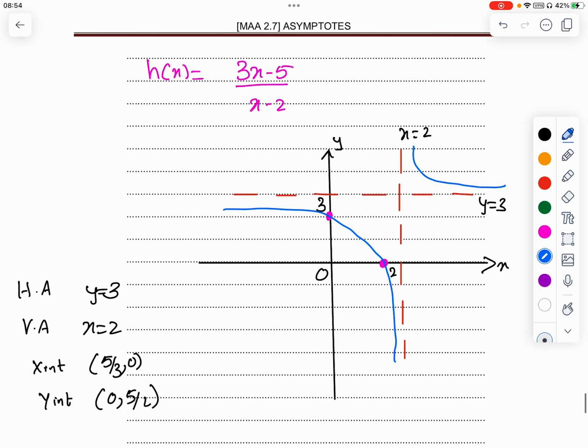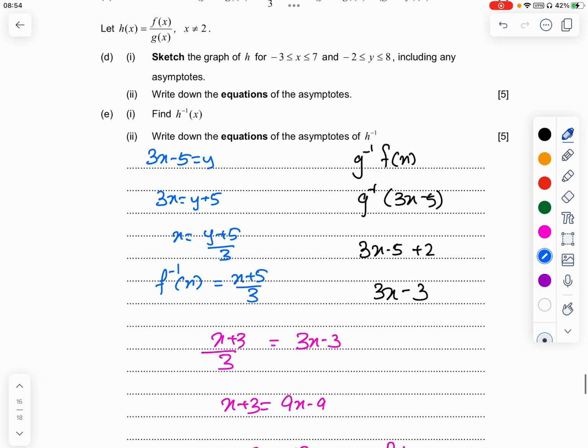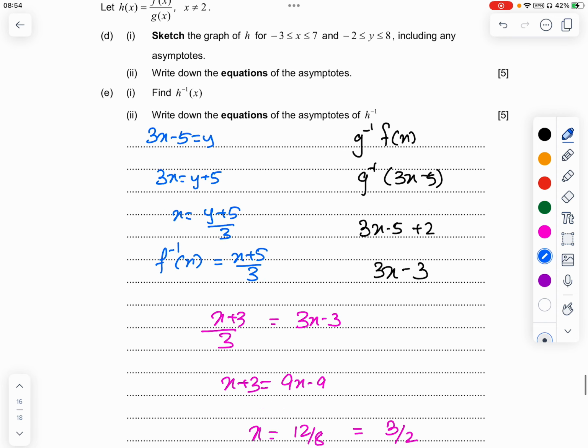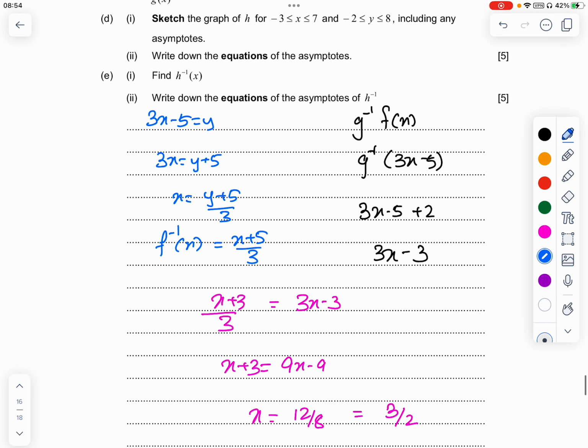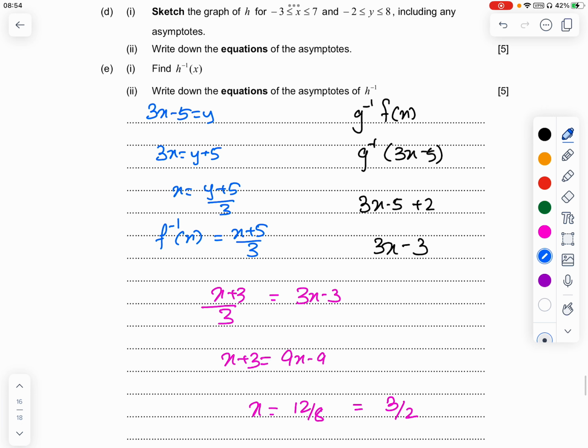Now, that's not the entire graph. He is asking to sketch the graph between x equals -3 and 7 and y between -2 and 8.